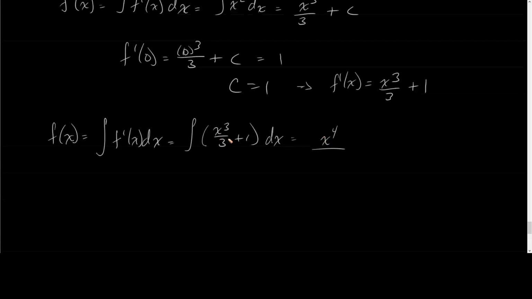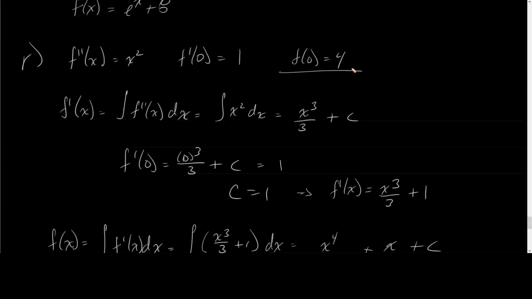I already have a 3 down there, so it really becomes a 12 on the bottom, right? Plus the antiderivative of 1 is x, and then plus c. And at that point, we know that f of 0 was supposed to be 4, right? That was our other condition over here.